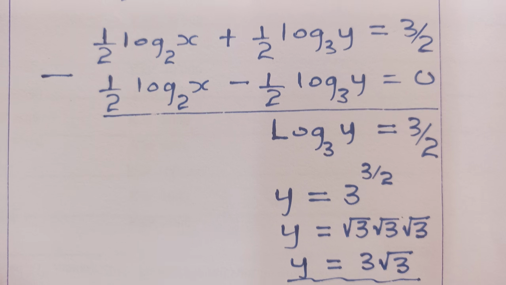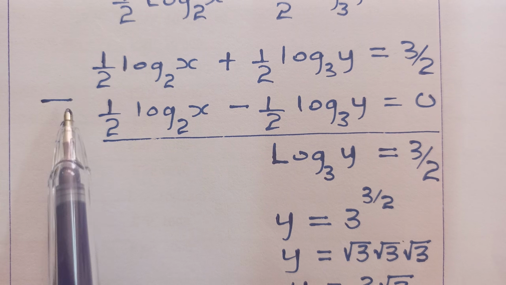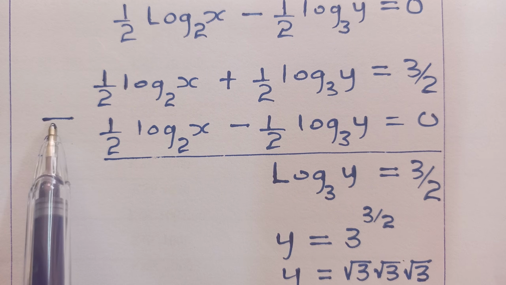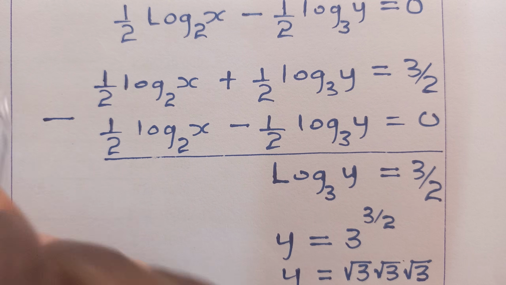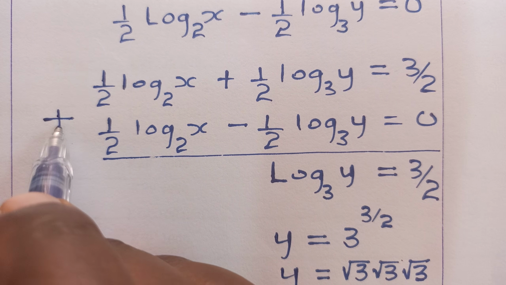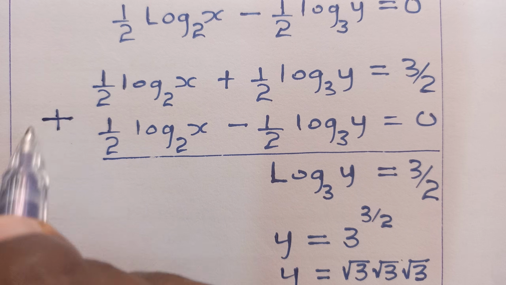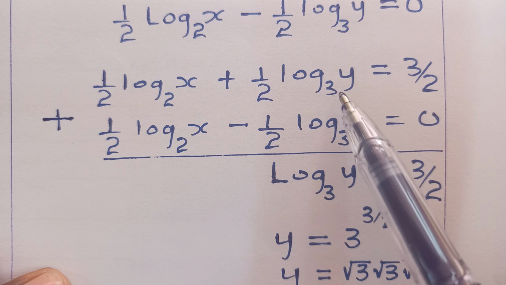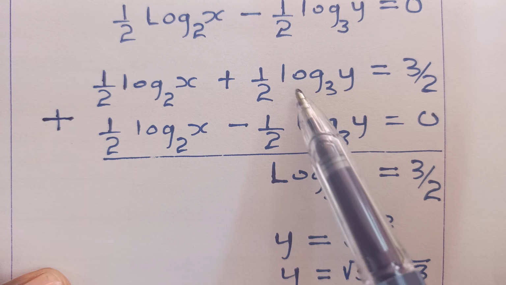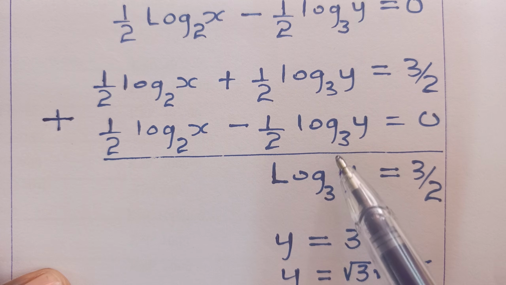Guys, instead of subtracting the equations, we now add. When we add, we are able to eliminate y, because when you add this term and this term, it becomes 0.